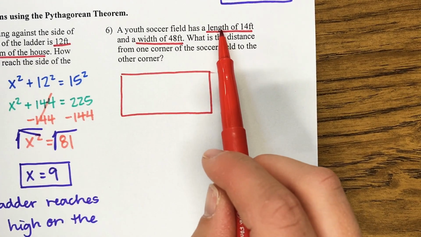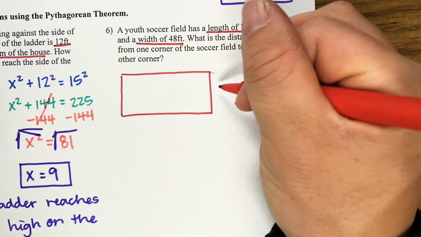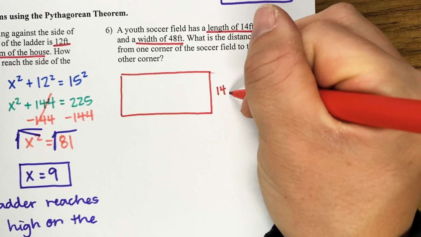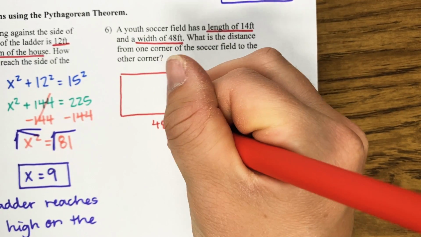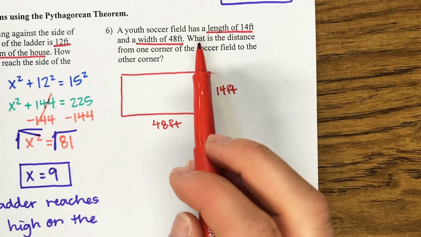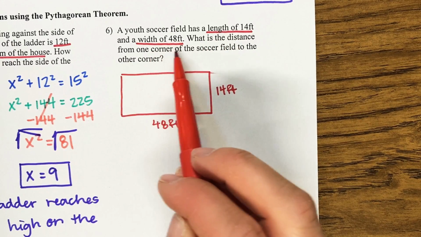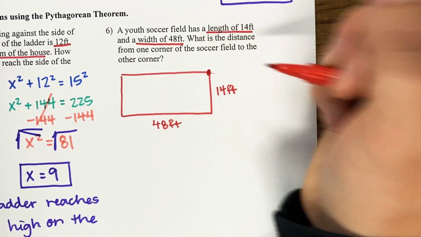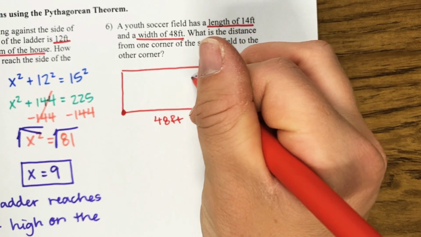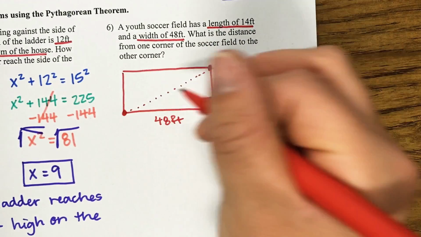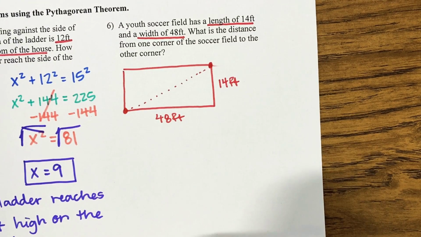Okay, well, it tells us it has a length of 14 feet, which means the shorter side is probably 14, right? And a width of 48 feet. Okay, well, what is the distance from one corner of the soccer field, so this corner, to the other corner? Okay, so we're looking for that distance right there.